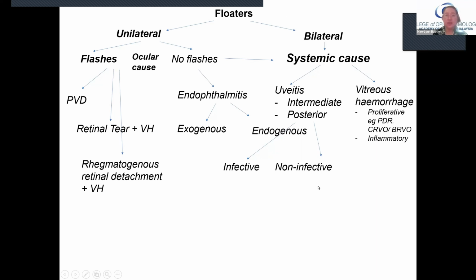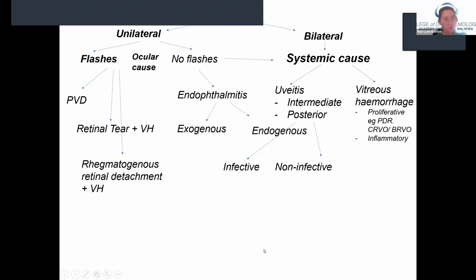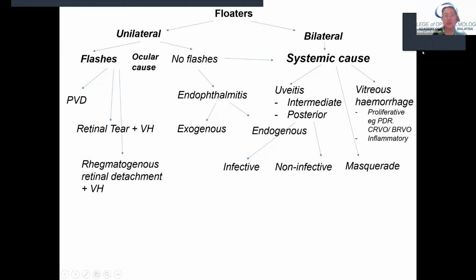So this is just a quick overview of the approach to floaters that you may wish to take note of. It of course does not exclude all the cases, because sometimes we can't really find these other causes, but this could actually be a masquerade, either primary lymphoma, for example, or even a metastasis to the choroid.